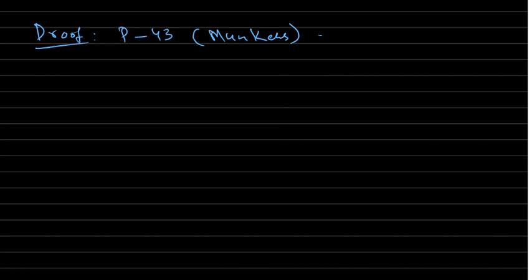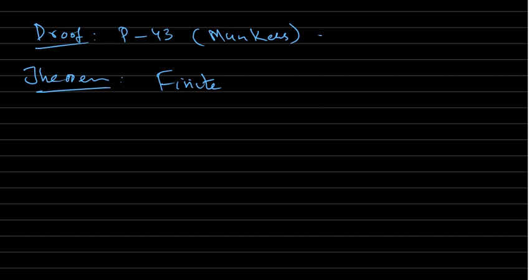So next one is the finite unions and finite Cartesian products of finite sets are finite. अगर दो फाइनाइट सेट्स आपके पास है, इनका जो यूनियन होगा वो भी फाइनाइट होगा और उनका प्रोडक्ट भी फाइनाइट होगा.